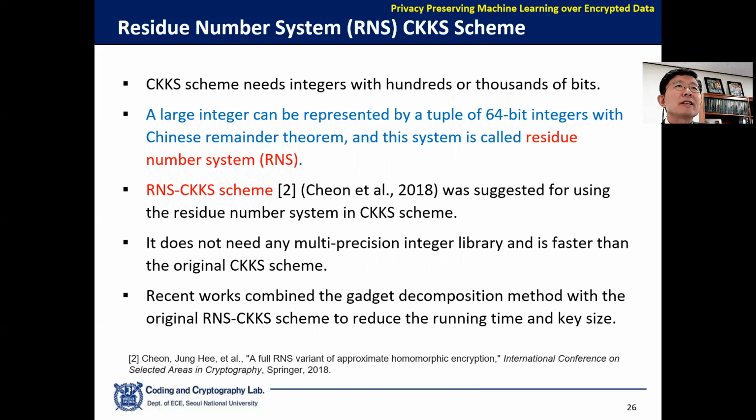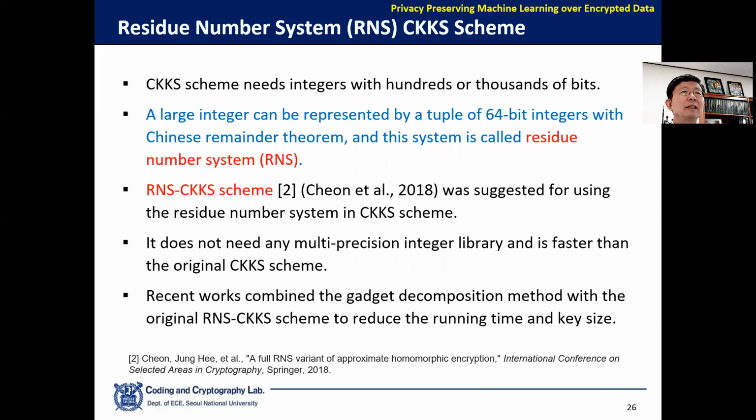Residue number system CKKS scheme is a kind of modified CKKS scheme. The CKKS scheme needs integers with hundreds or thousands of bits. A large integer can be represented by a tuple of 64-bit integers with the Chinese remainder theorem. This system is called the residue number system, because many hardware platforms support 64-bit integers. So RNS-CKKS was suggested for using the residue number system in CKKS.